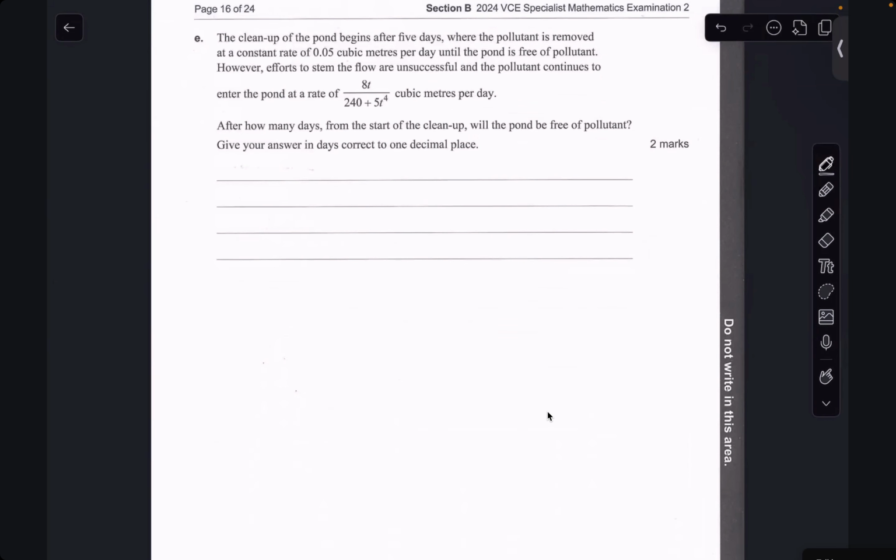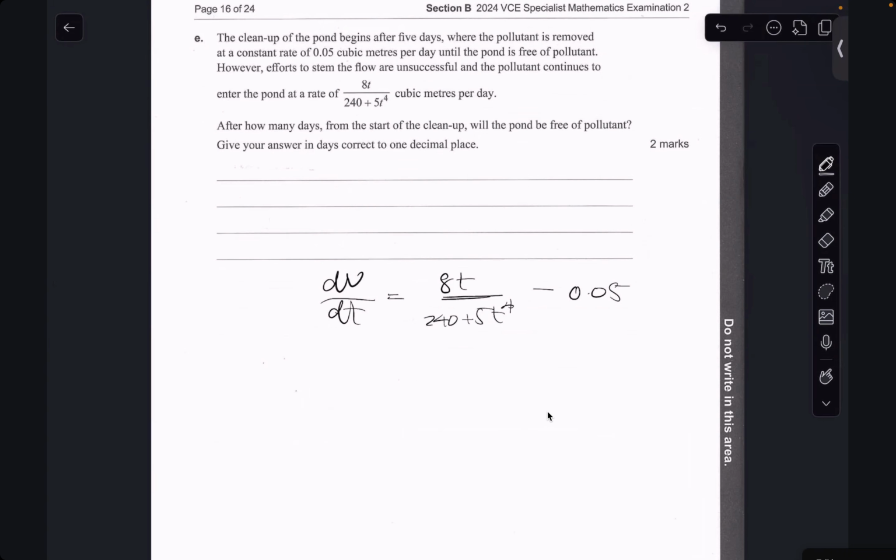So now what have we got? We've got dv over dt of pollutant is 8t over 240 plus 5t to the power of 4 minus 0.05. No, just 0.05. And then we want to know after how many days will it be free of pollutant.